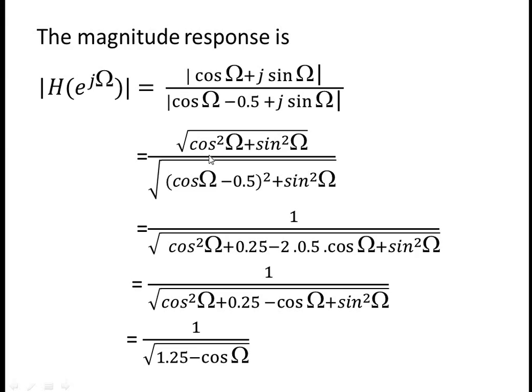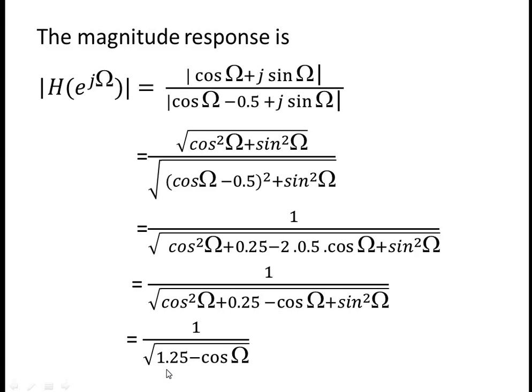In the denominator, cos omega minus 0.5 the whole square is of the form a minus b the whole square, so we can expand it as a square plus b square minus 2ab, along with sin square omega. Now we can simplify by making cos square omega plus sin square omega as 1.